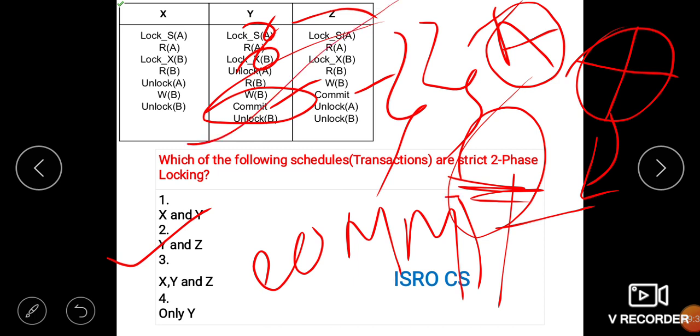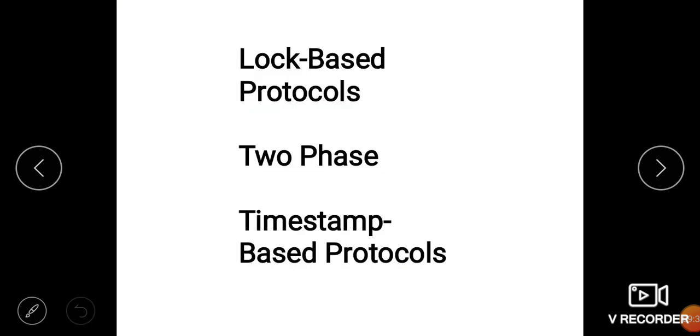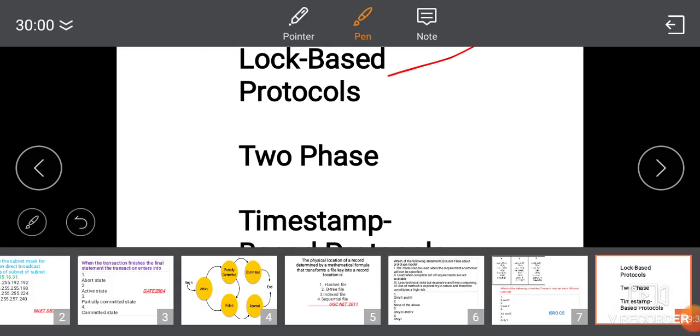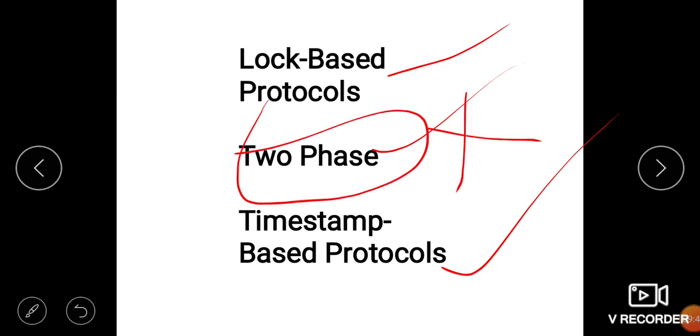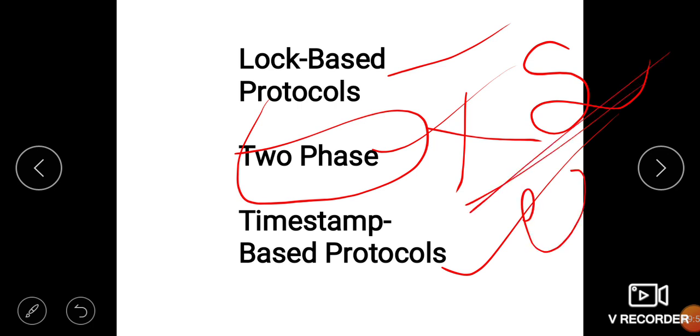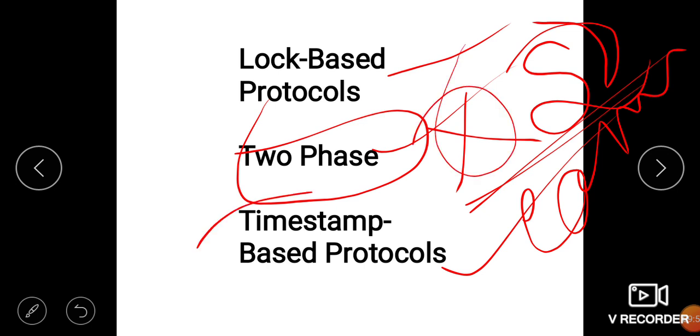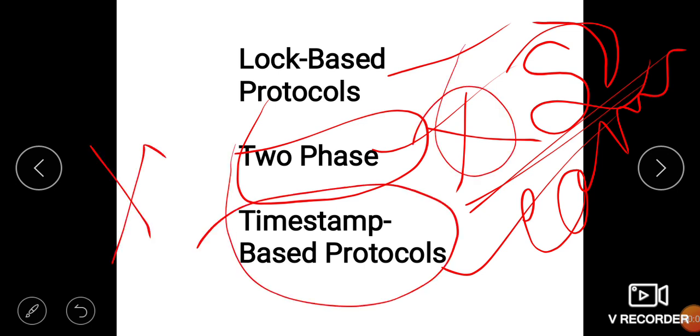So there are three types of locking protocol: lock based protocol, two-phase protocol, and timestamp protocol. In two-phase protocol you use exclusive lock and shared lock, and perform the commit operation after the exclusive lock. And in timestamp protocol there is a given time to perform a particular transaction.